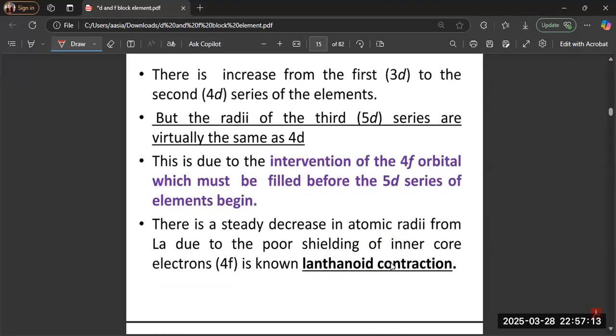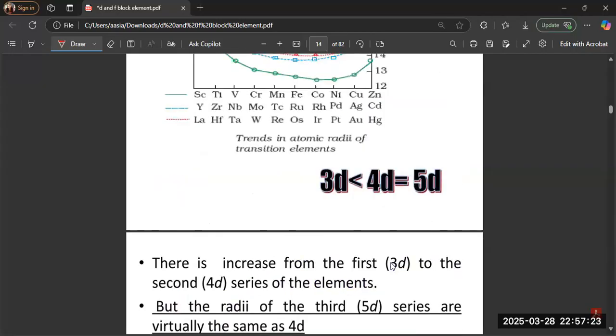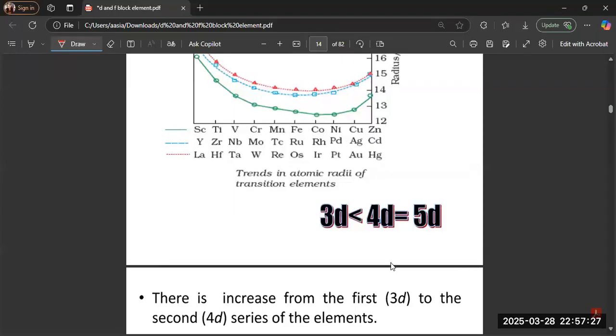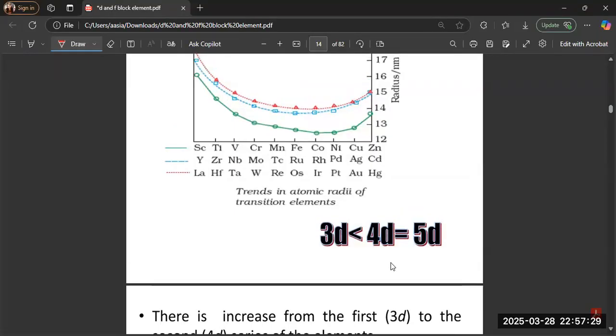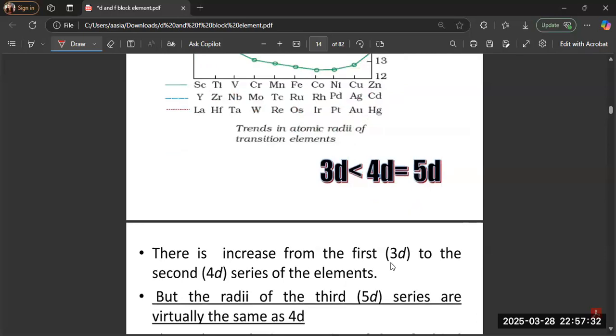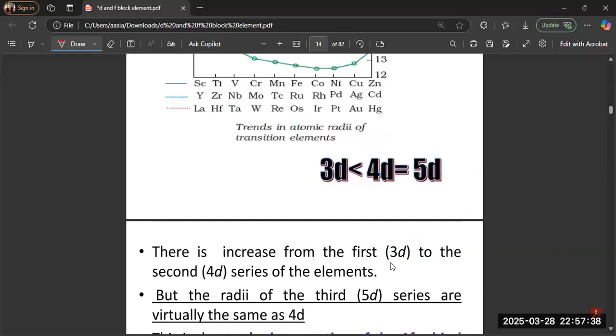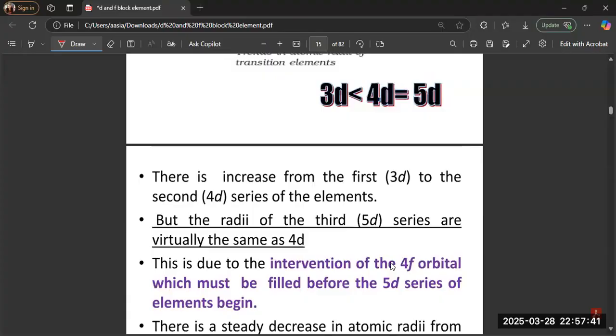You can see that atomic radii increases from the first 3d to the second 4d series of the elements. But the radii of the third, which is 5d series, are virtually the same as 4d, as you can see in the diagram.